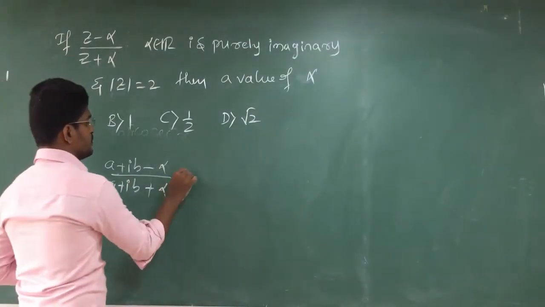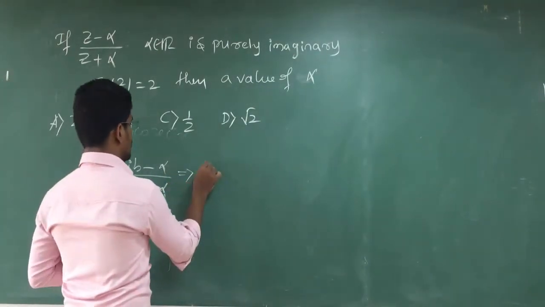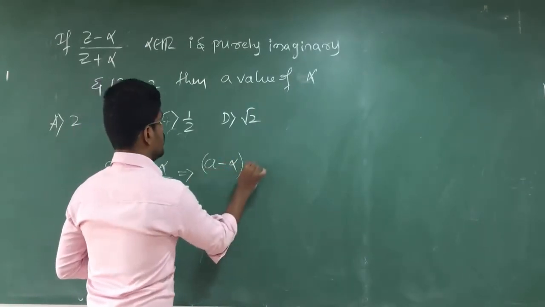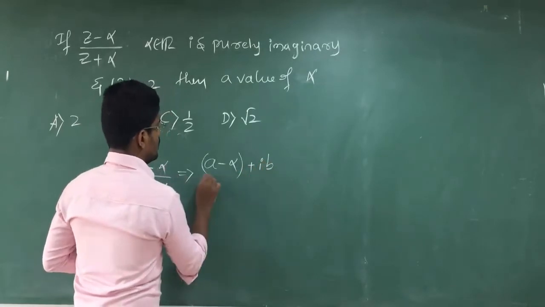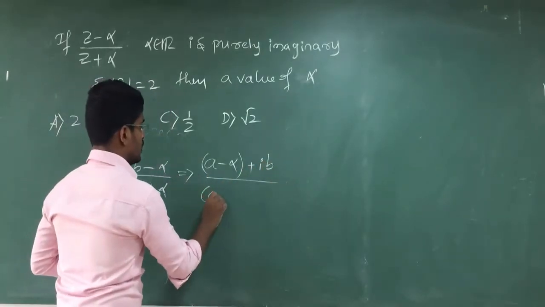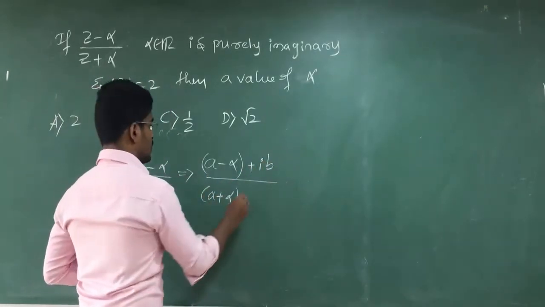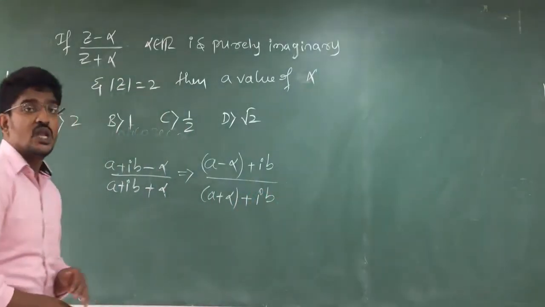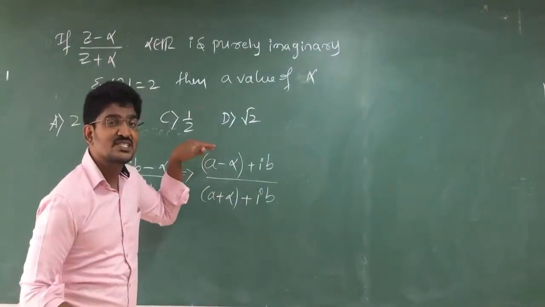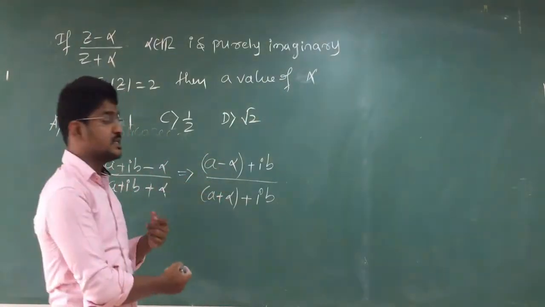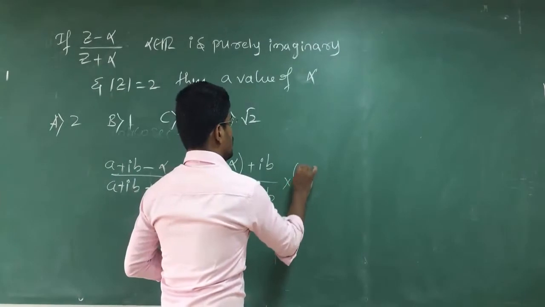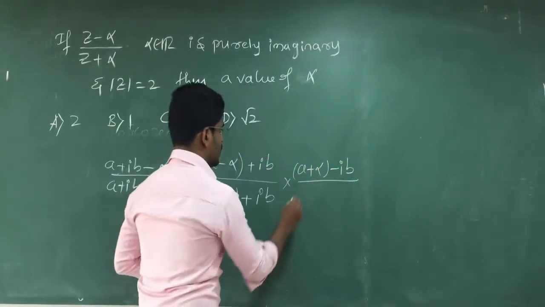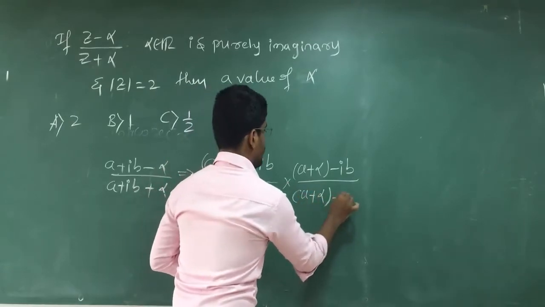So further if I simplify this, it will be a minus alpha plus ib divided by a plus alpha plus ib. Clear? So now if I want to simplify this complex number, I will rationalize this. If I rationalize this, a plus alpha minus ib divided by a plus alpha minus ib.